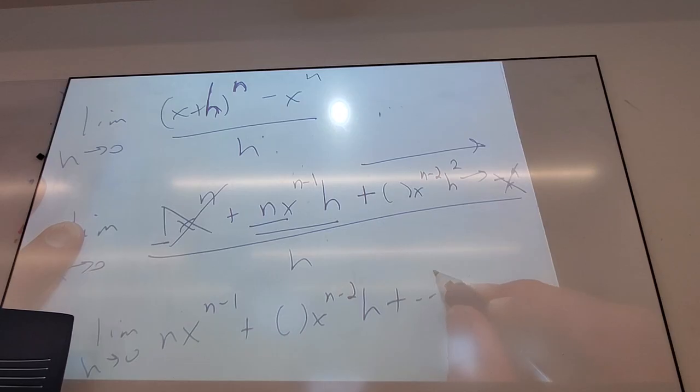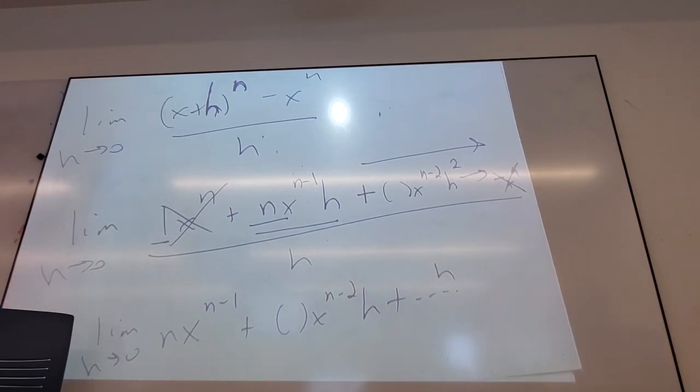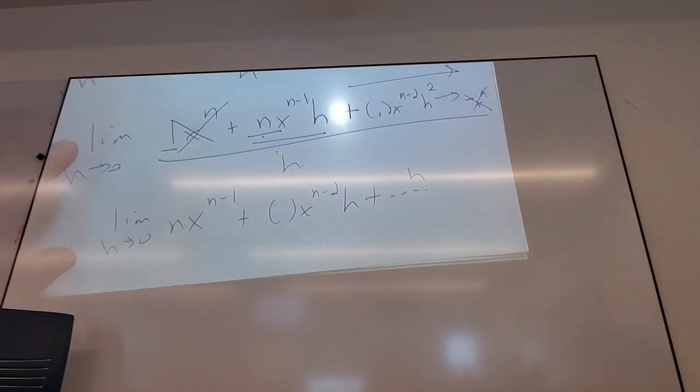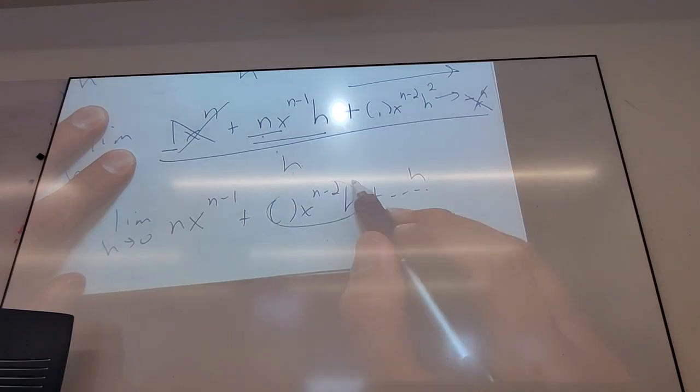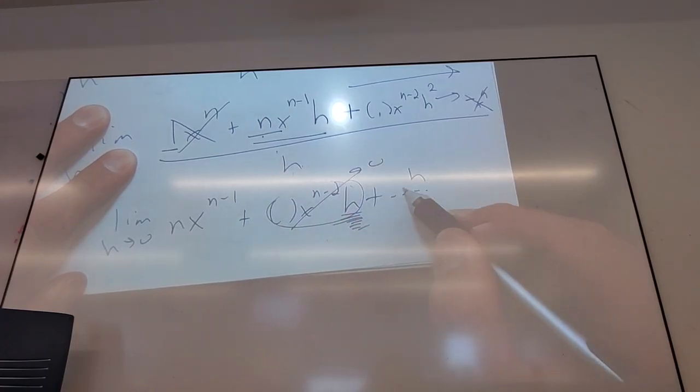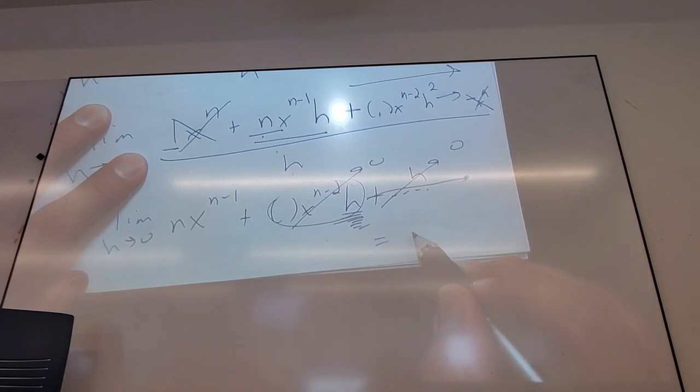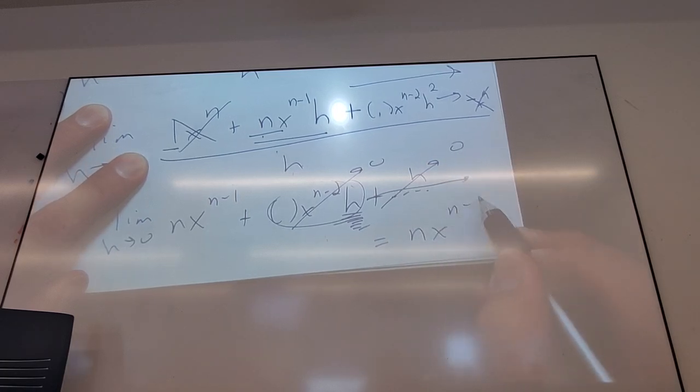Plus other terms that have at least h in them. And what are we letting h approach? 0. So what happens to this term? Goes to 0. What happens to every other term after it? So what's the answer? n x to the n minus 1.